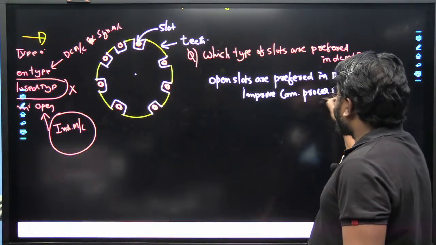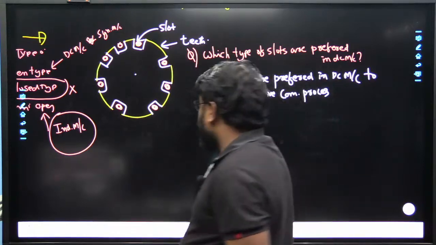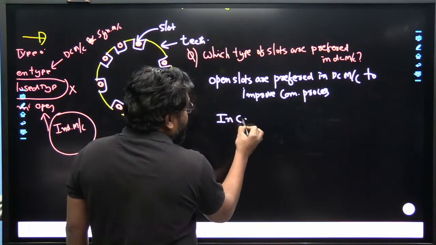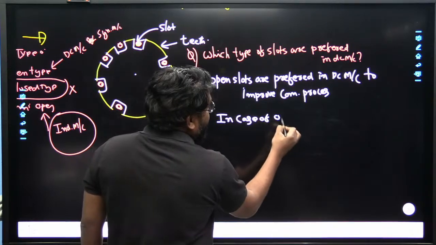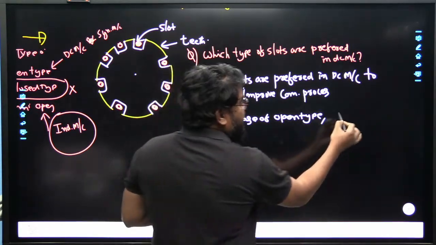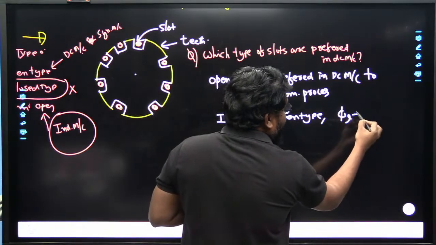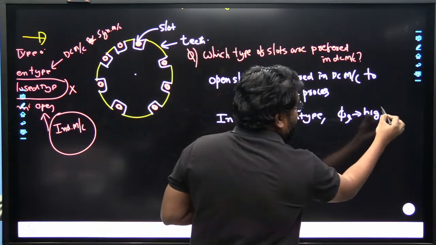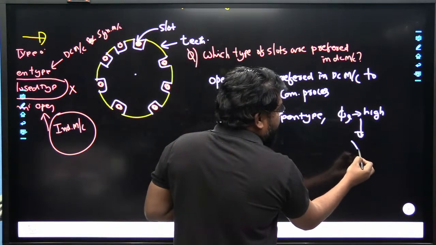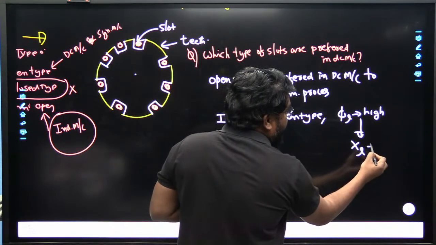So how can we improve the commutation process? In the case of open type slots, what will happen? Listen. The leakage flux is very high in the case of the open type slot. When the leakage flux is high, the leakage reactance will be high here.